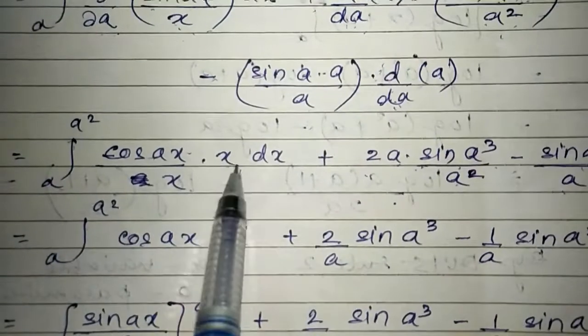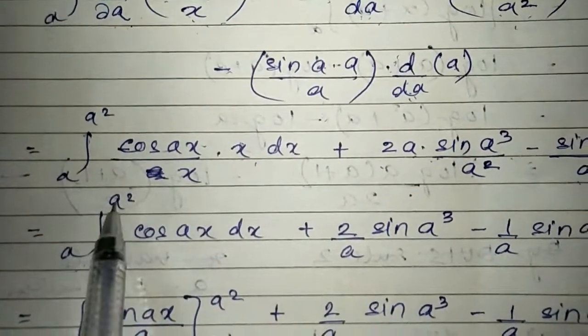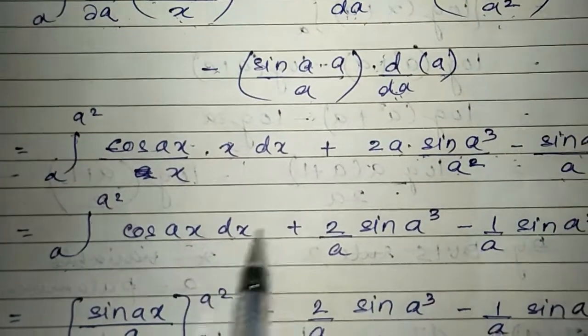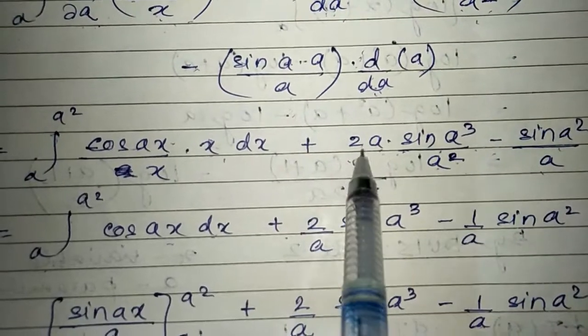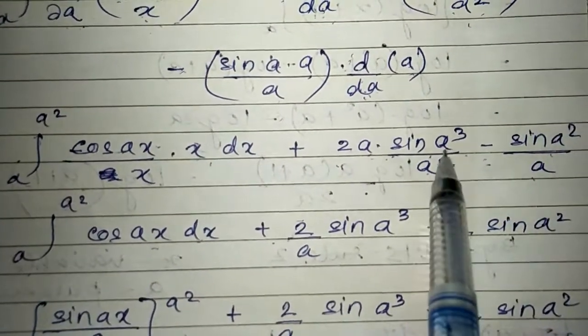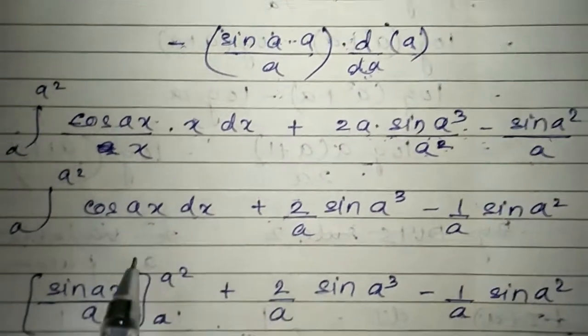Now this x and this x will get cancelled, so what we have is integral a to a square cos of ax dx, plus this a and a square, this a will get cancelled with this square, so we have 2 upon a sine of a cube minus 1 upon a sine of a square.